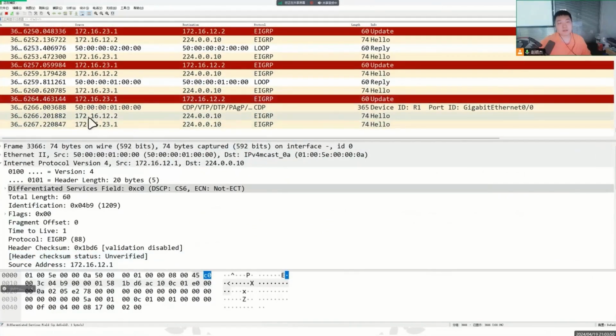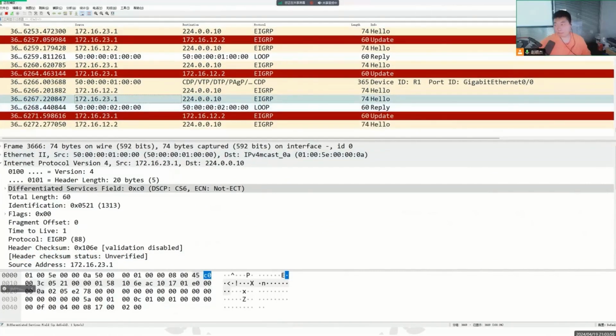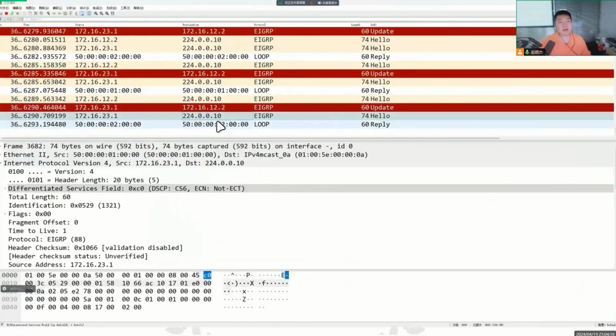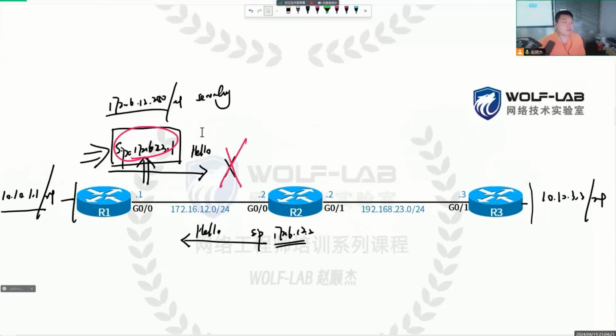As long as it is actively sending messages, everything is sent with the primary address, 172.16.23.1, as the source. The EIGRP hello packet sent out from R1 then arrives at R2. R2 sees that you are not in the same network segment as me, not a directly connected router, so the source check failed. I can't access you. R2 will not receive the hello packet sent by R1 and does not consider R1 its EIGRP neighbor.